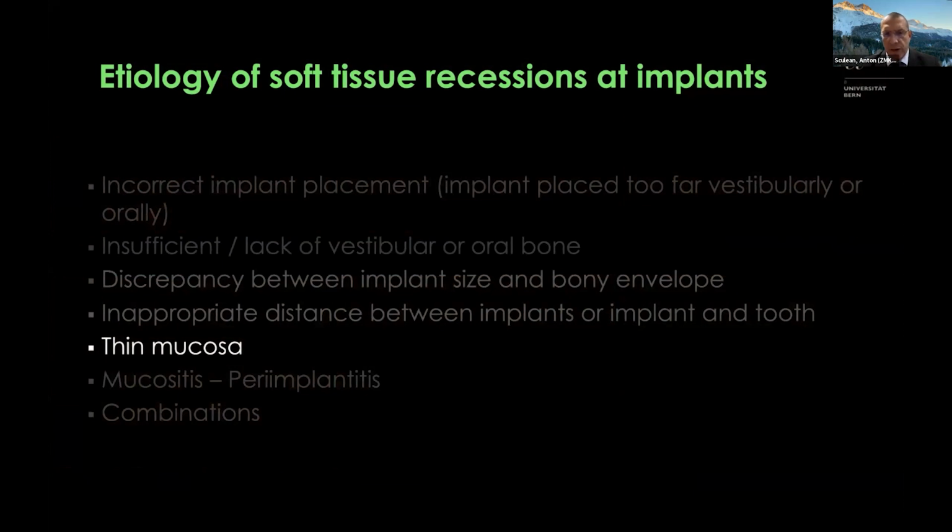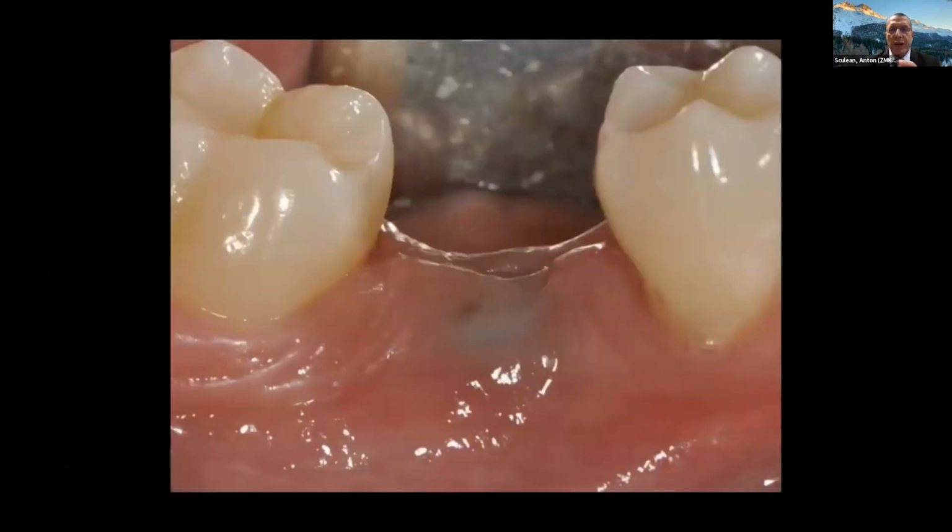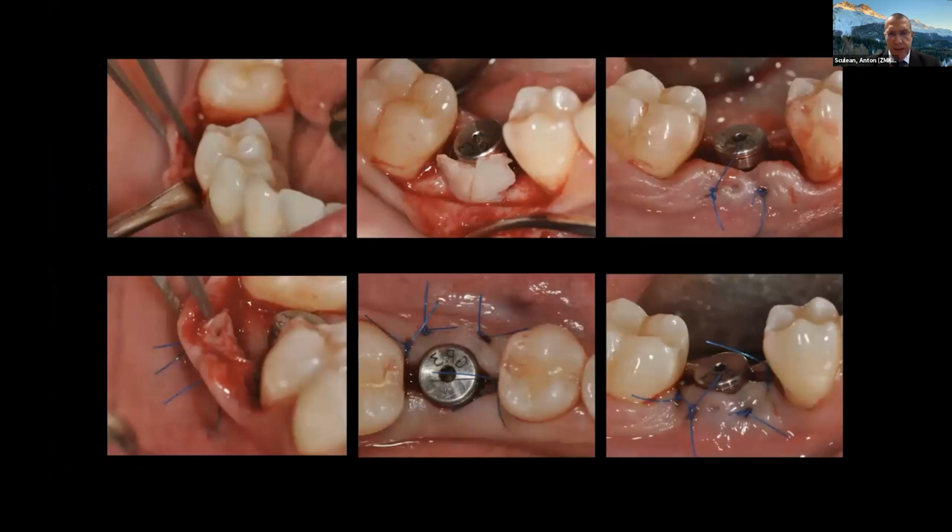What about if you have a thin mucosa? If you have a thin mucosa, then we need to increase the mucosa thickness because this will result in an unstable clinical situation. And what is the best way to do that? Use a connective tissue, harvest it from the palate, take the connective tissue and suture the connective tissue in the best way at the inner side of the flap, because in this way, we are going to ensure vascularization of the graft, and also the connective tissue is enhancing keratinization.